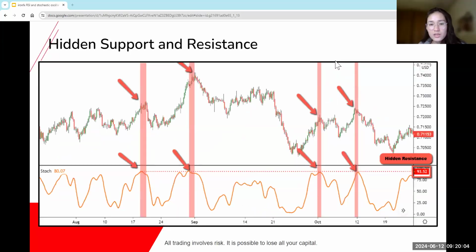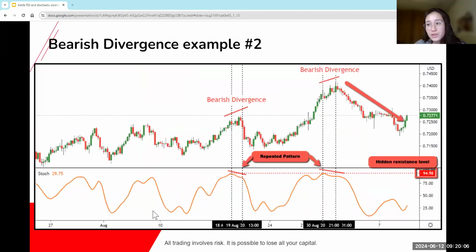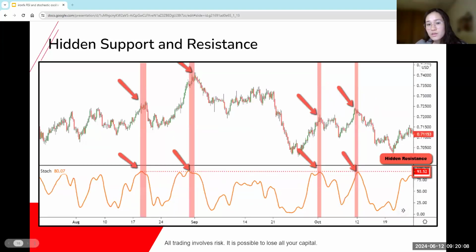Okay, so these are the areas that we're looking at. You see price making a higher high, stochastic maintaining at this level both of these times, and that's basically called a hidden resistance.